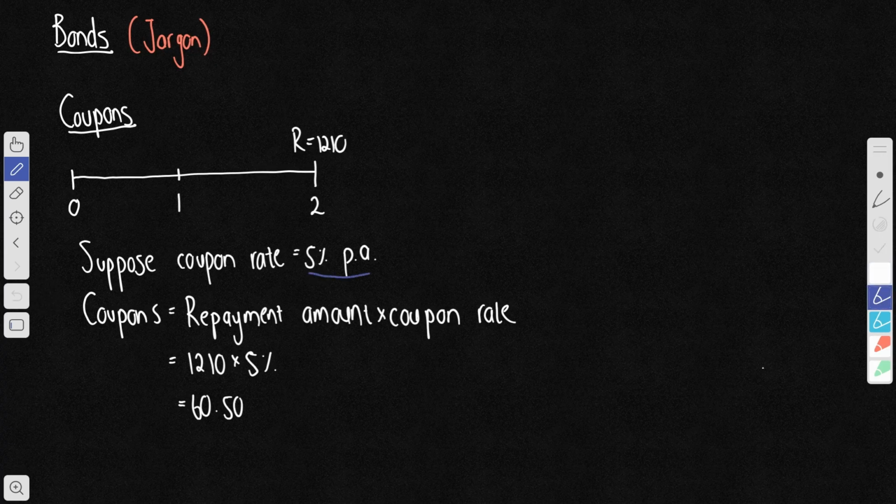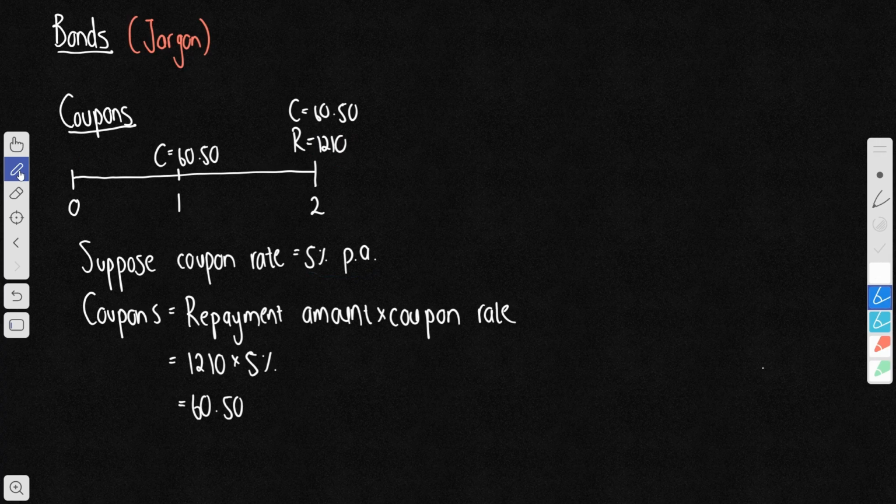Since the coupon rate is 5% per year, the first payment will be made at time 1, and the second payment will be made at time 2. Note that the coupons are based on the repayment amount, which is the given value for the bond, and not the price of the bond, which is a derived or a calculated value.